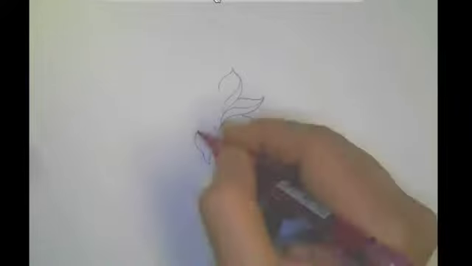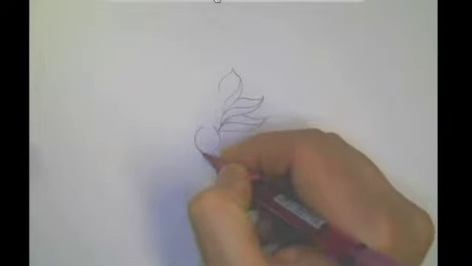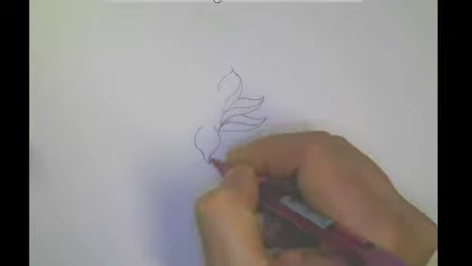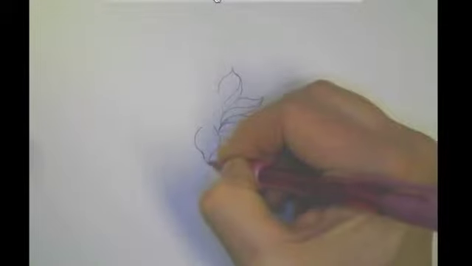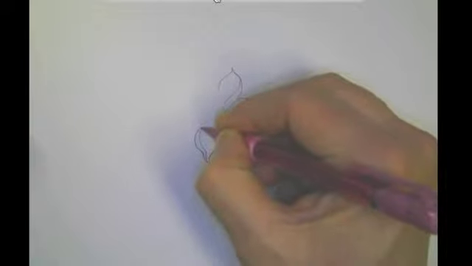So it's like we're looking down on the petal, sort of. So like an S curve. And then we can just make it thin up here, and it gets wider and wider. Like that.